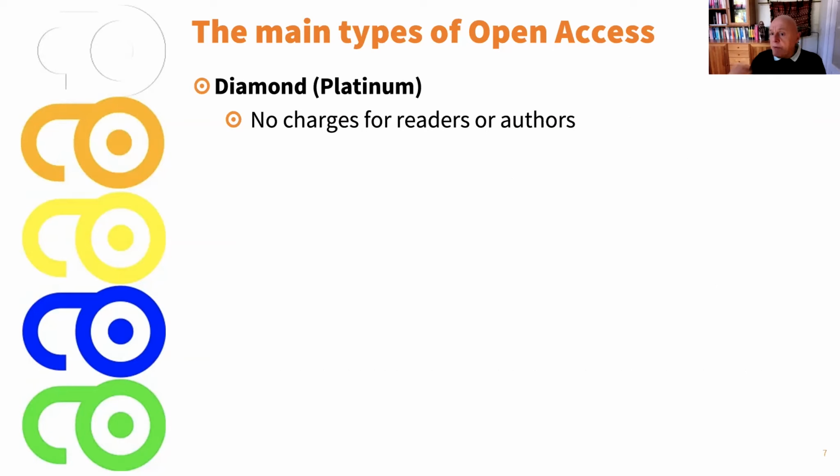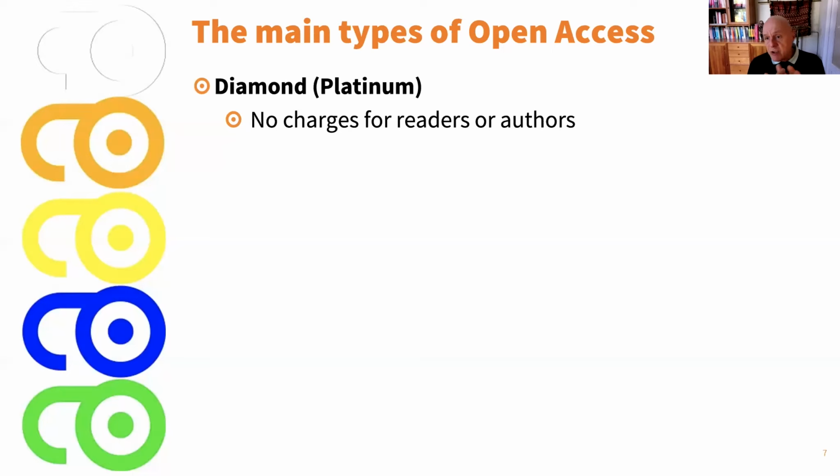So I already said before that gold used to refer to all papers available in open access, both those that are paid for and those that are not paid for. As I said, usage has changed so that gold open access now really has come to mean those open access journals where you have to pay to get your article published.